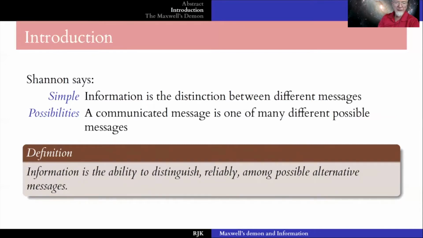So the definition is that information is the ability to reliably distinguish among possible alternative messages. So the reliability and the ability to distinguish among a collection of possible alternative messages are the key portions of the definition of information.